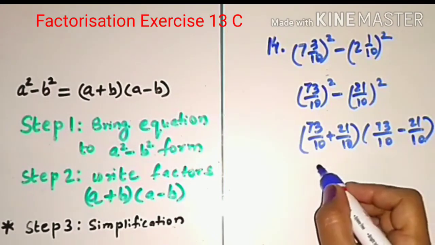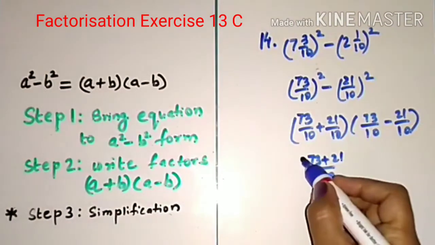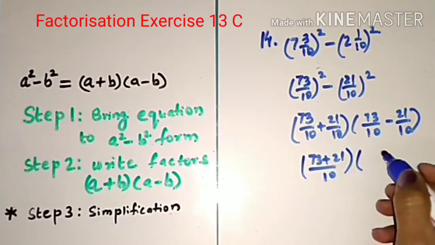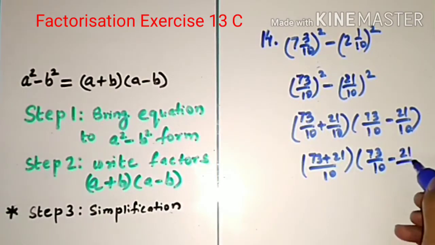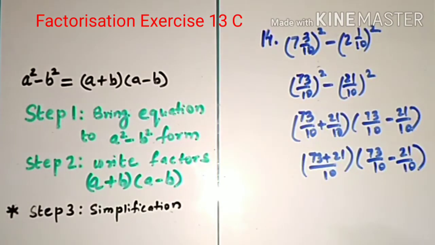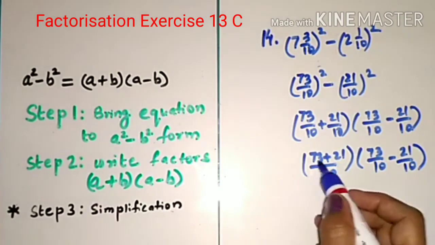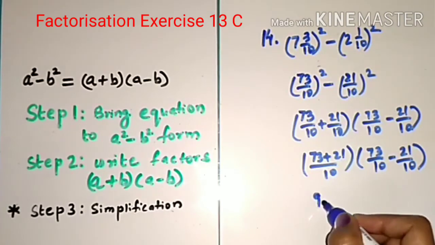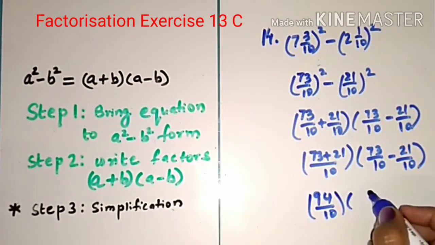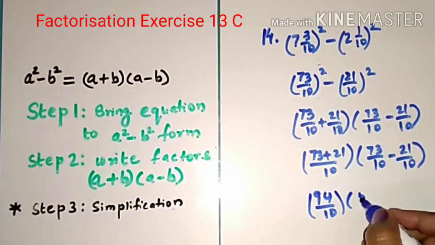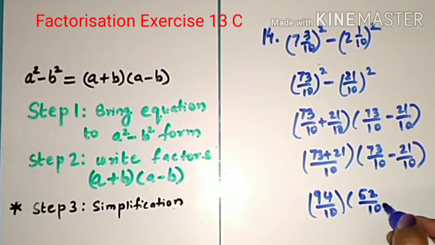Denominators are same, so we can directly add. This becomes 94 by 10 and this is 52 by 10.